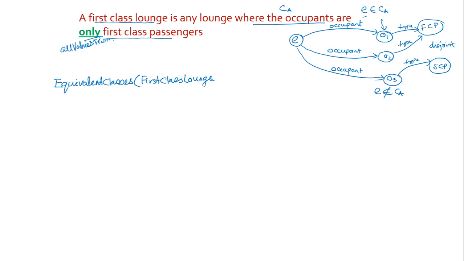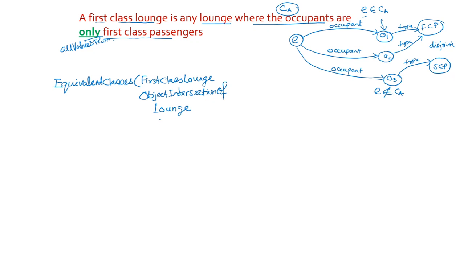It is an intersection of a class which is lounge, so we'll be using object intersection of the intersection between lounge and the restriction class, which is your CA, right?